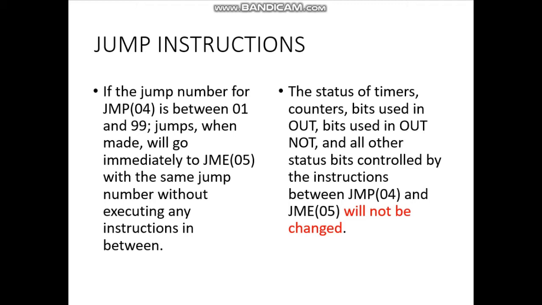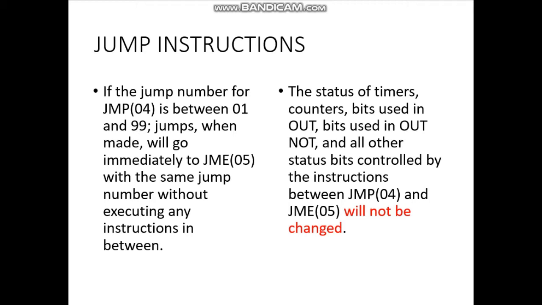You see JMP in the bracket 04 and JME in bracket 05, that's not a jump number, that is the instruction number. If you look at the Omron manual, you can see that JMP and JME have 04 and 05 as the instruction set.